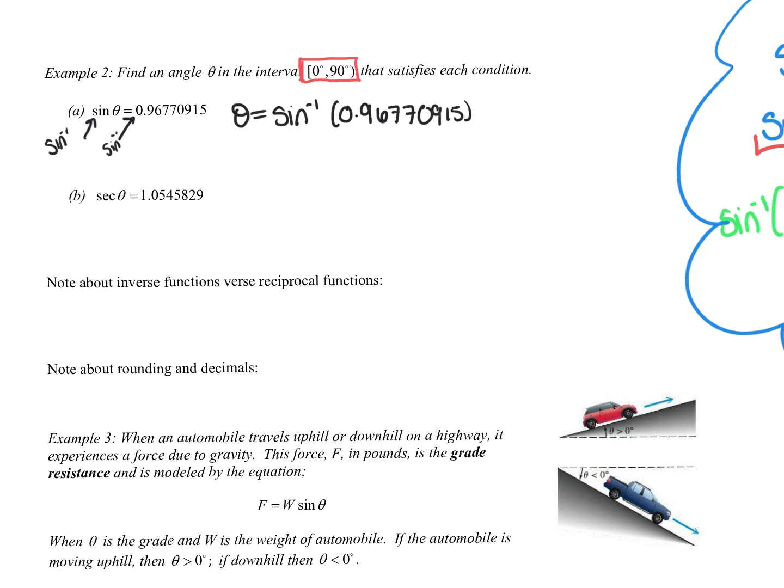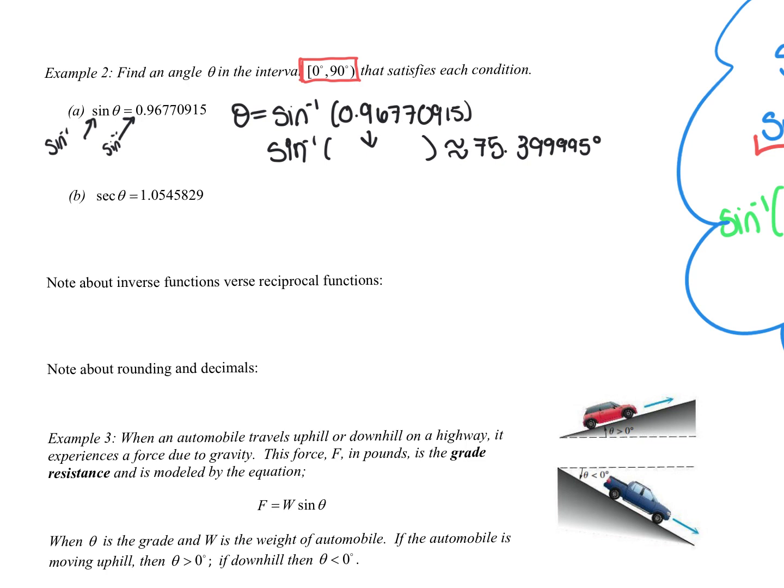So you're going to grab your calculator, and you're going to press the second button and the sine button. On your screen, you should now have sine to the -1 with an open parenthesis, and then you type this in right here. The calculator is going to approximate an angle back out for you, and it's going to be 75.3999995 degrees.